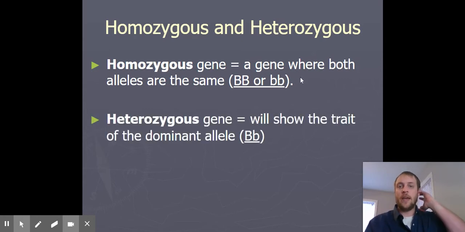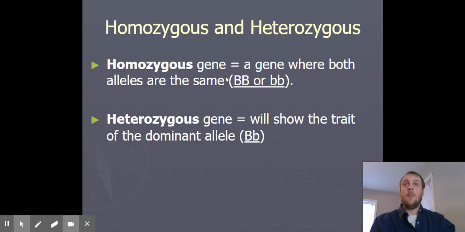So a homozygous gene, and don't forget, you get one version of each gene from each parent, one from mom, one from dad. That's why you'll see genes usually displayed in pairs. You have one allele, one version of the trait, and then another. Homozygous genes are genes where the alleles are both the same.